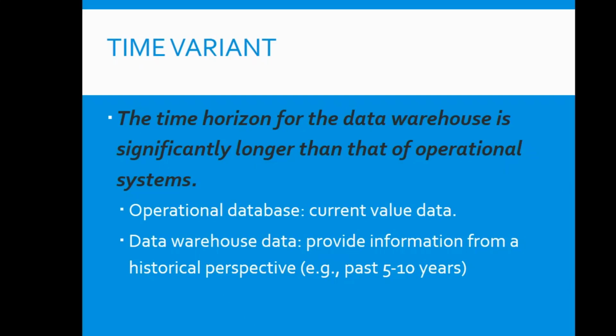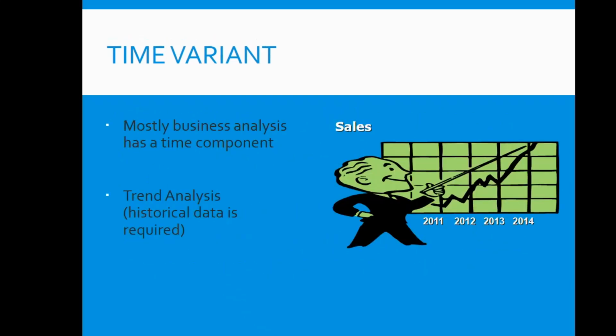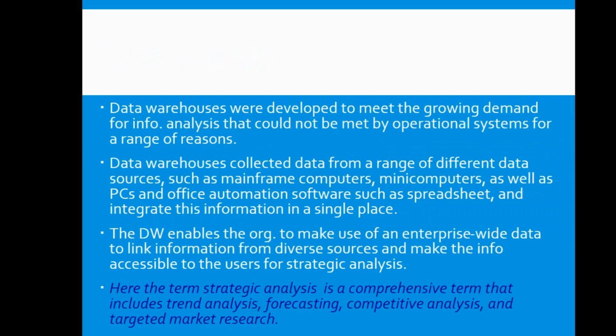Data warehouse stored data provides information from a historical perspective, for example the past 5 to 10 years, and you can see here 2010, 11, 12, 13, 14. Sales data is now being analyzed. So the data for the last 5 years is being fed into the data warehouse system. This is what we mean by the time variant nature of a data warehouse system.